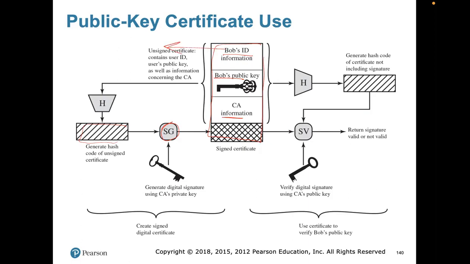Bob receives this, generates another hash out of these three, decrypts the hash portion received from the CA, and compares them against each other. If they match, it means everything is okay, and Bob can now trust Alice's public key and use it for decrypting information.